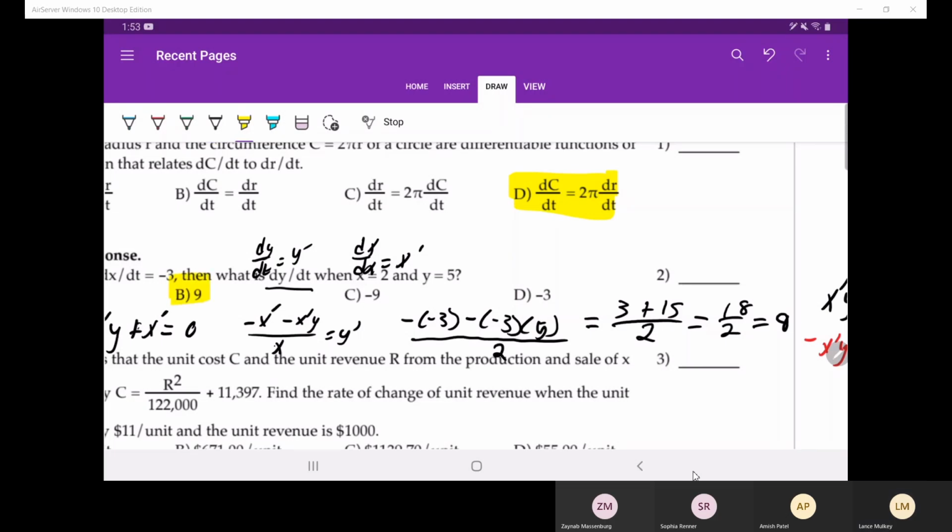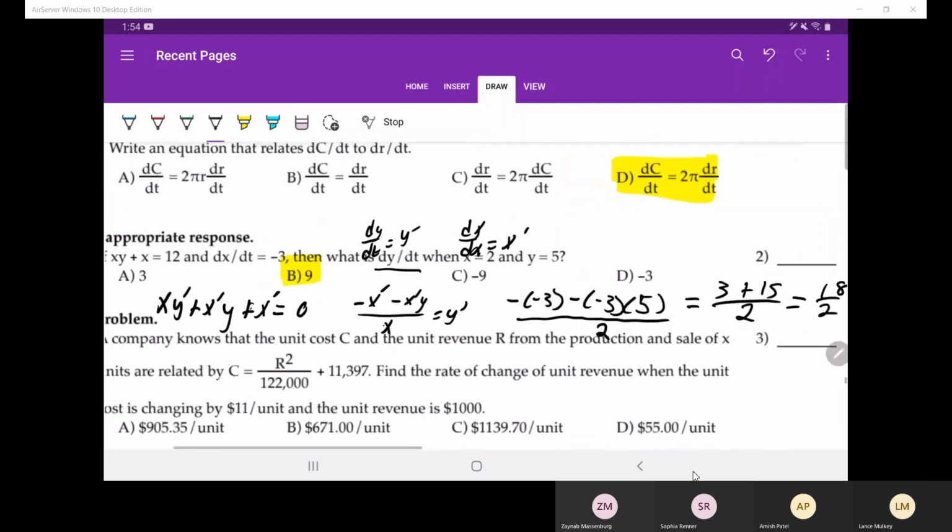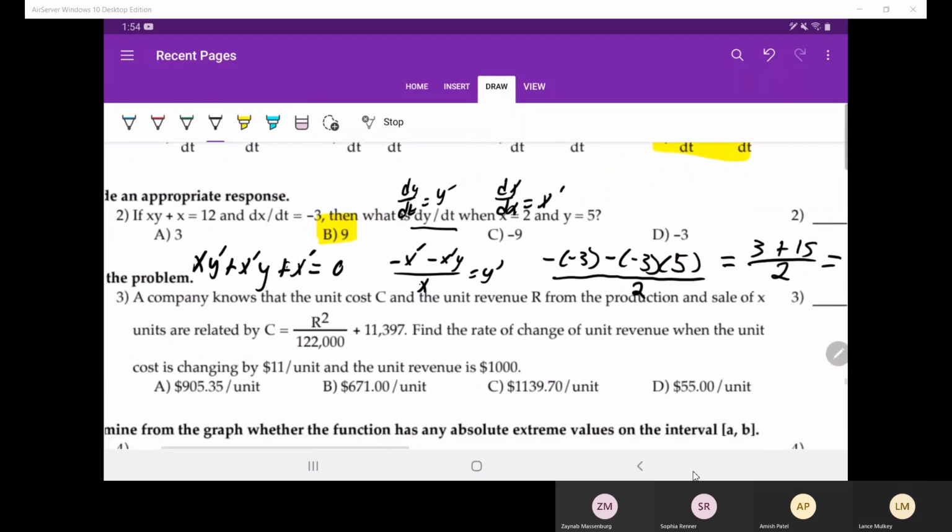Answer is B. Everyone follow me? All we did was plug in the values we had for x, y, and x prime, or dx dt, and solve from there. I'm assuming we're good.